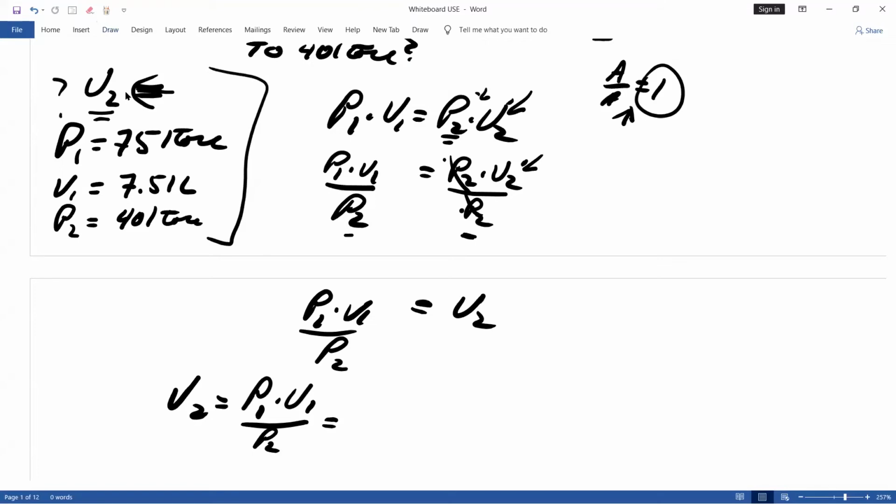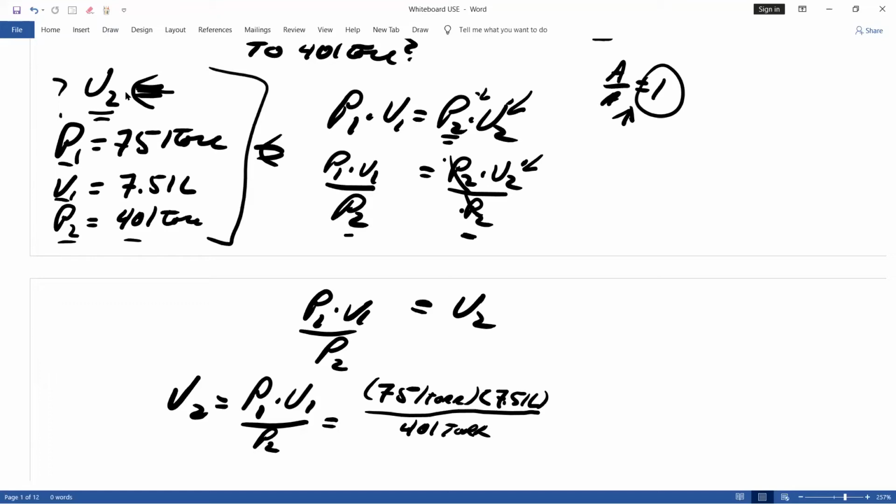And now, since I took the time up here to look at what's P1, what's V1, what's P2, I can plug it in. And I will. P1, 751 torr. V1, 7.51 liters. And P2 is 401 torr.